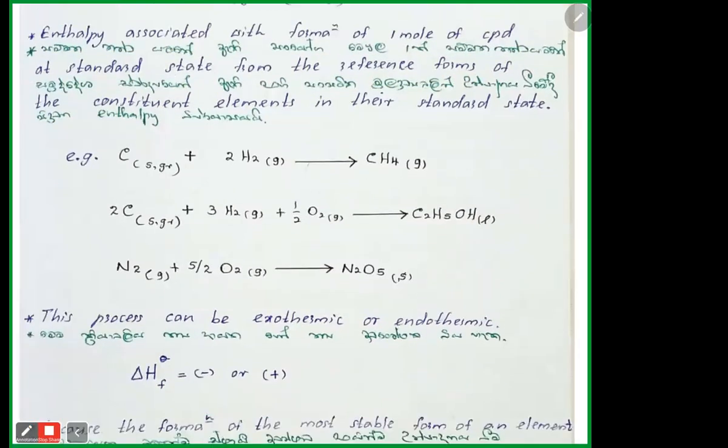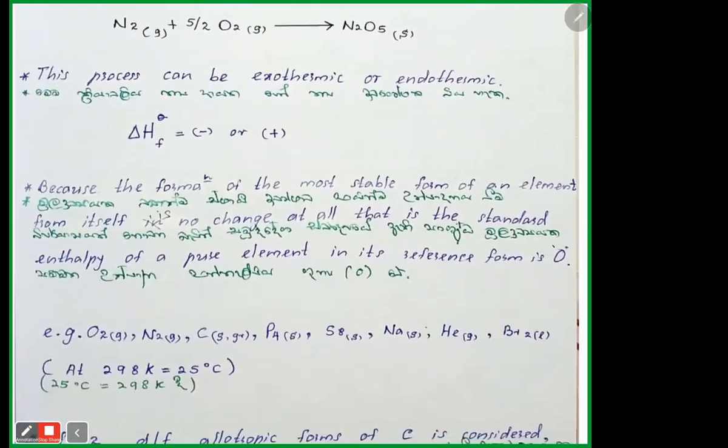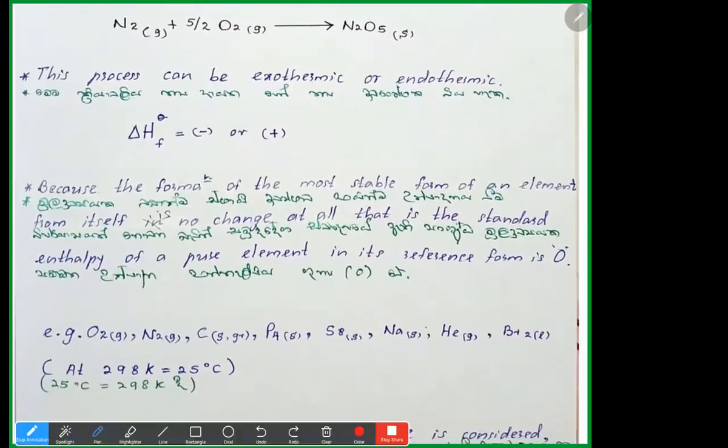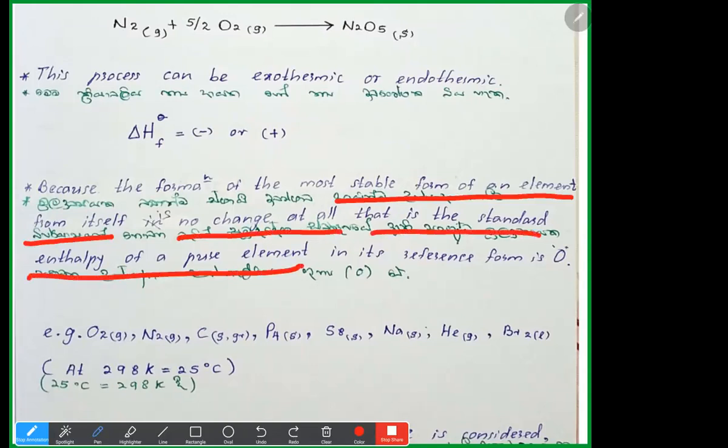So this can be exothermic or endothermic. If the compound is 100% stable, or that is the reference form, then no energy or enthalpy is used to produce it by itself. Because the formation of the more stable form of an element from itself is not changed at all, the standard enthalpy of the pure element in its reference form becomes 0.